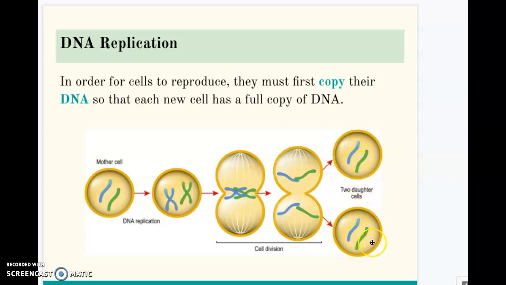Now these two cells that were just formed have the exact same DNA as each other and as the original cell. This is really important, that a cell can do this correctly when it is copying itself, and I'm going to show you how that happens in a second.